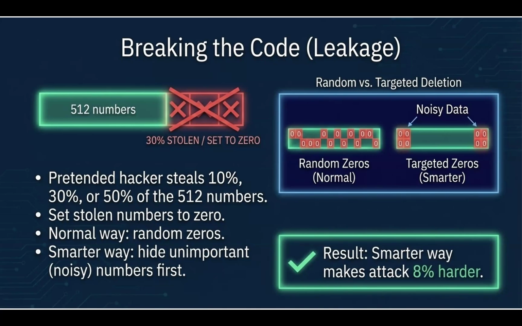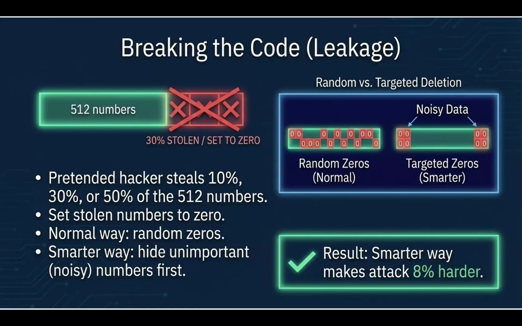We targeted random zeros and removed nodes to simulate this 10% leakage, and also 30% and 50% leakage. There are two ways to do this ablation: one is random zero selection, and the other is noisy data selection.